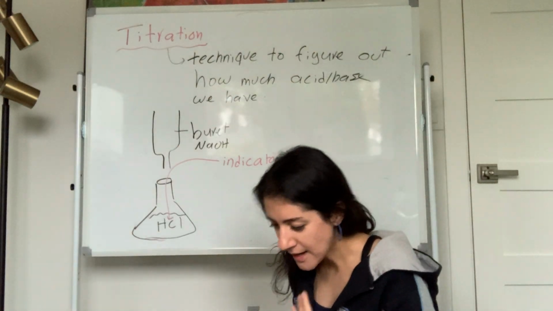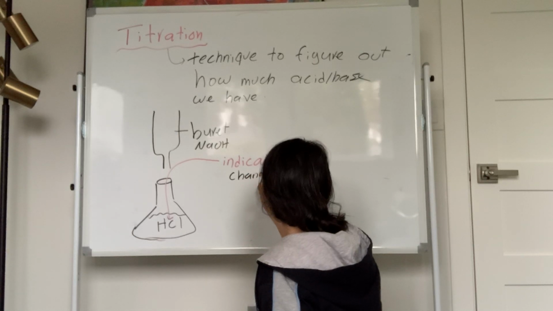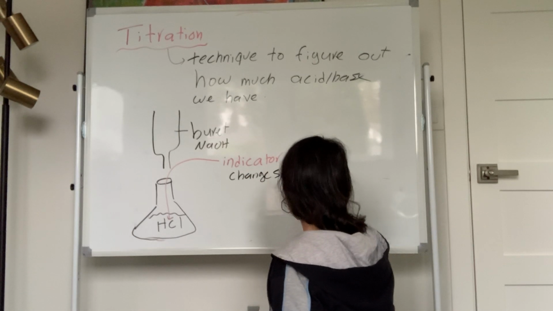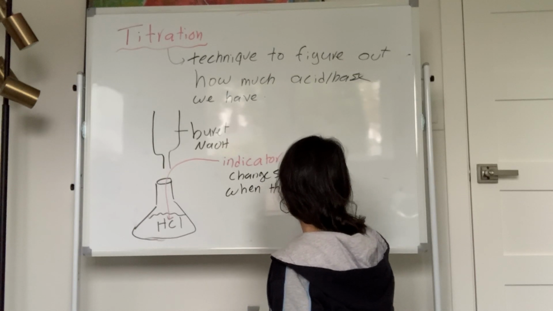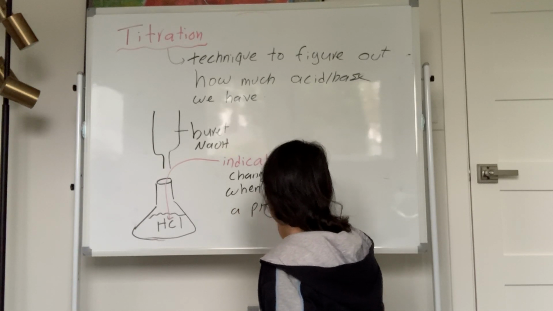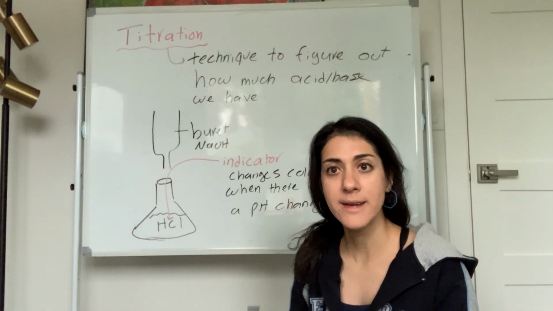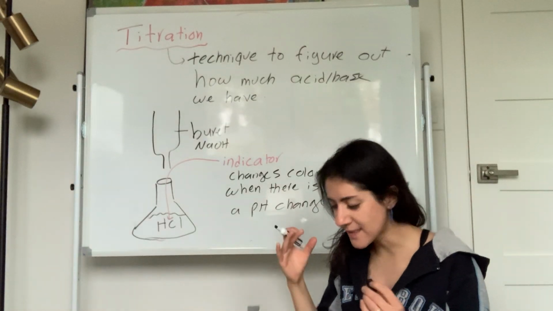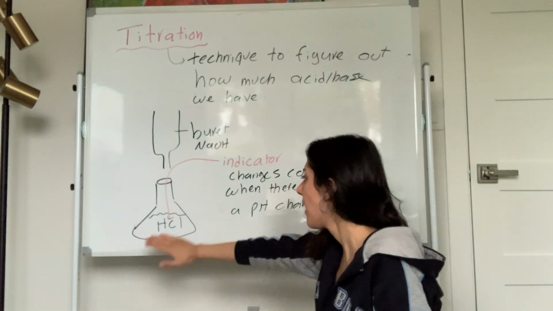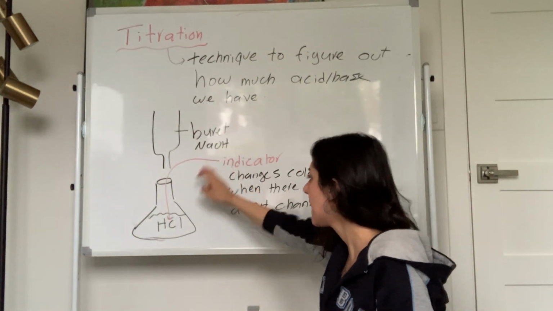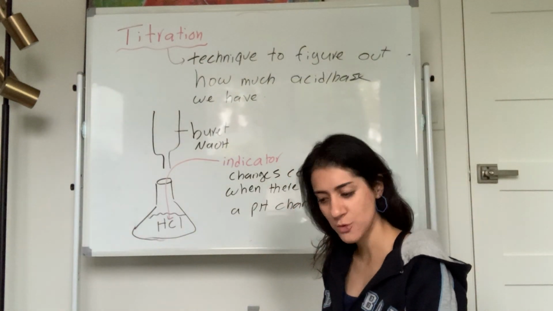Indicator changes color when there is a pH change. So again, remember, an indicator changes color when there is a pH change. And later we'll go over and exactly explain how that works. So here's my acid-base titration. I have my acid here, I have my base, and then I have to add an indicator to this acid over here. So far so good?